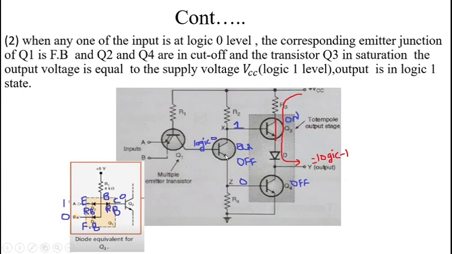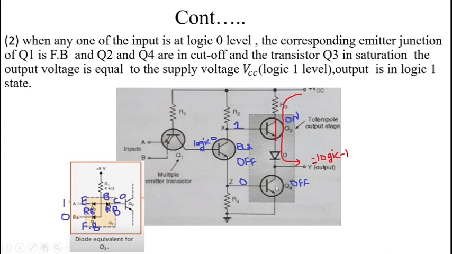Therefore, we get the input of this Q3 transistor as logic 1 and the input of this Q4 transistor as logic 0. So when we apply the logic 1 as input to the base terminal of the Q3 transistor, this transistor is operating in the saturation region. Okay, so here exists a conducting path from the VCC to the output terminal, and we get the output equal to logic 1.